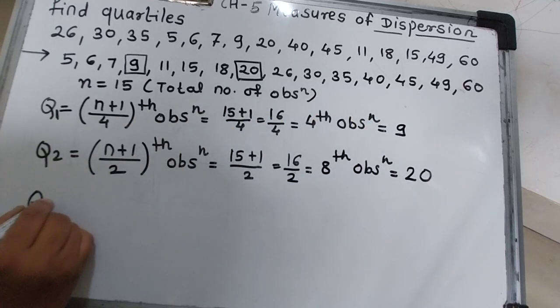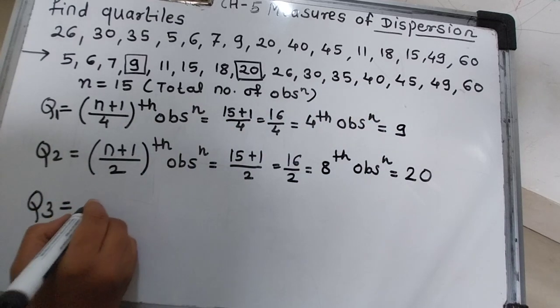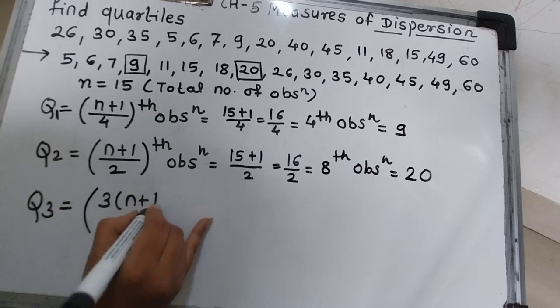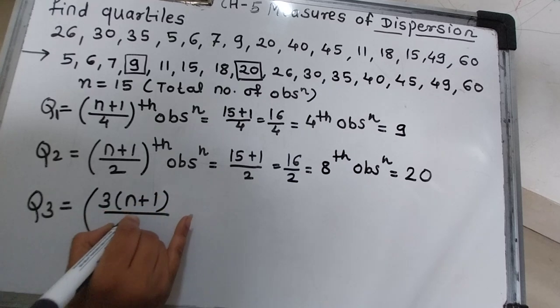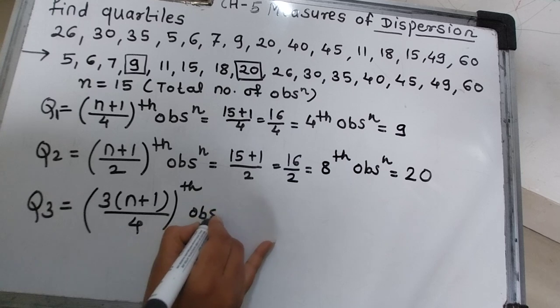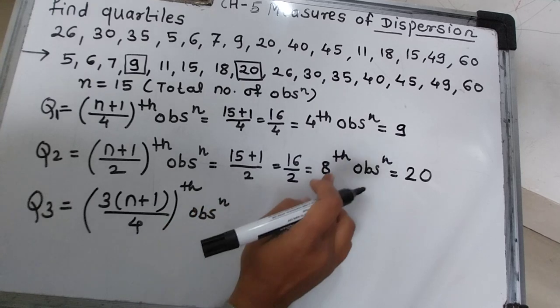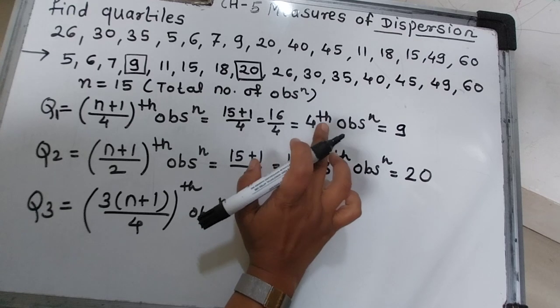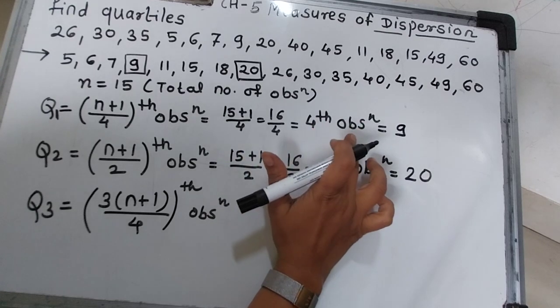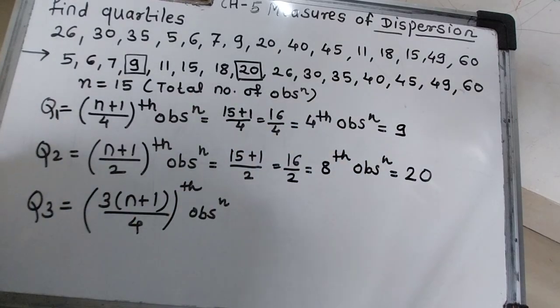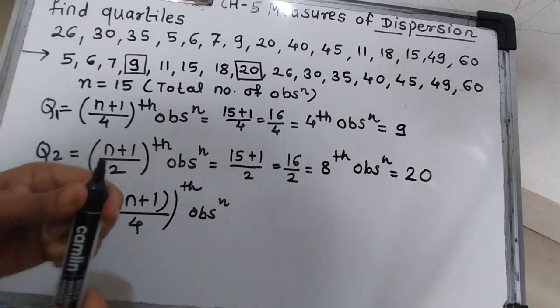Now Q3. What is the formula for Q3? Q3 is 3 times (n plus 1) divided by 4 observation. The fourth observation is Q1, the eighth observation is Q2. Understood?